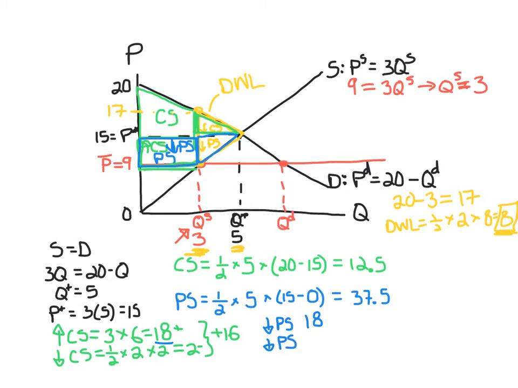So this little triangle here. So that triangle, the area is equal to 1/2 times the width. So the width again is from here to here, from 3 to 5, or 2. And then the height is between 15 and 9. So that's 6. So there's a loss of 6, a loss of 18. So overall, it's a loss of $24 worth of surplus.